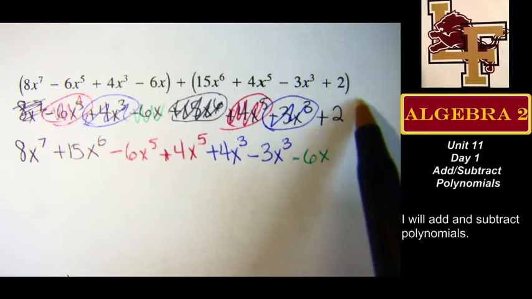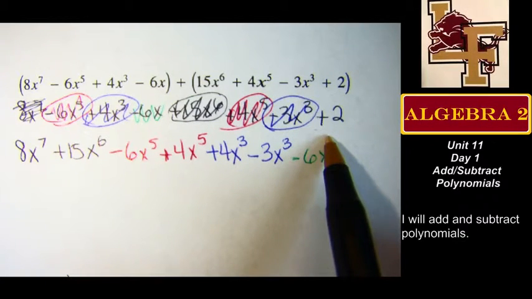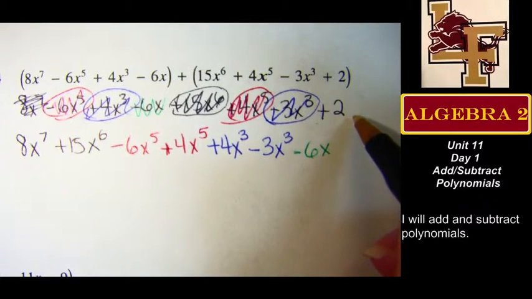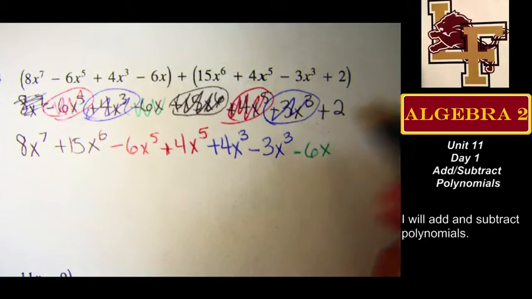Okay, you said 2 because you were looking at this term. The other students said 0, because I asked what the next exponent on the variable was. Oh, 0, because I don't have an exponent, I don't have a variable.